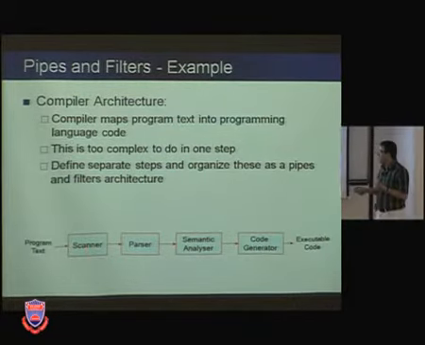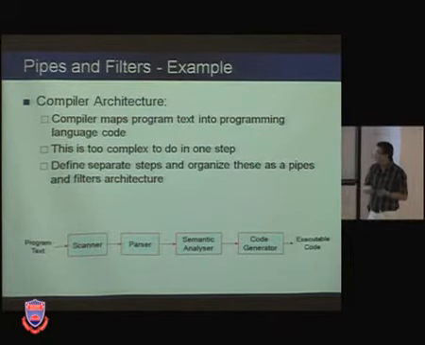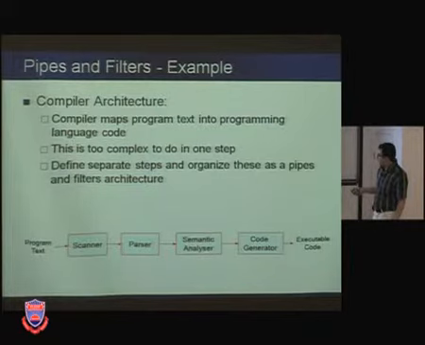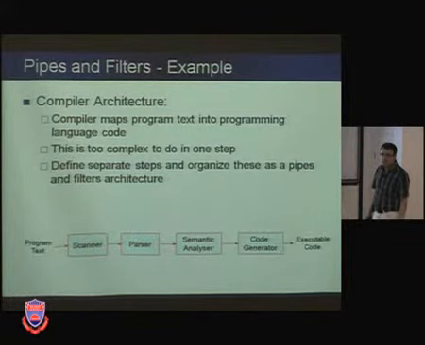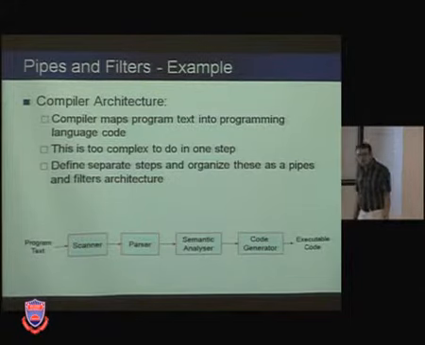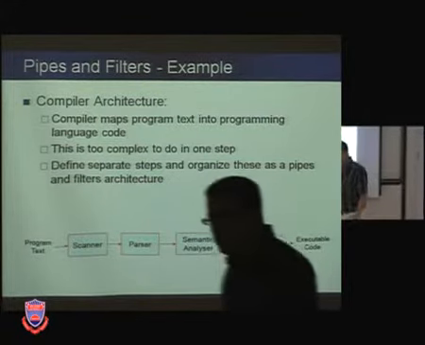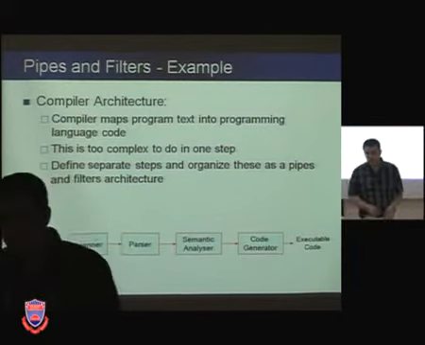For example, you have the scanner, which looks at the tokens, the parser, semantic analyzer, code generator, and executable code. So we could say this is the data source, this is the data sink. These are the processing units, that is the filters, and these are the pipes. If you have ever developed a compiler, typically this was the architecture.